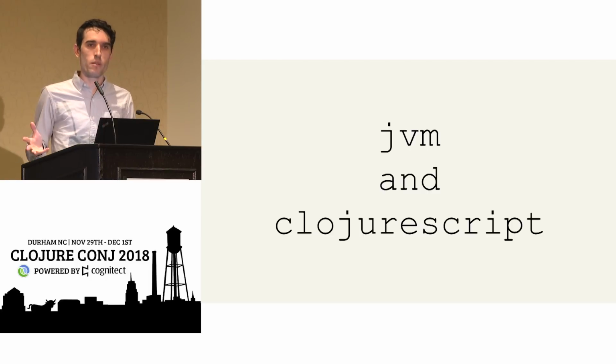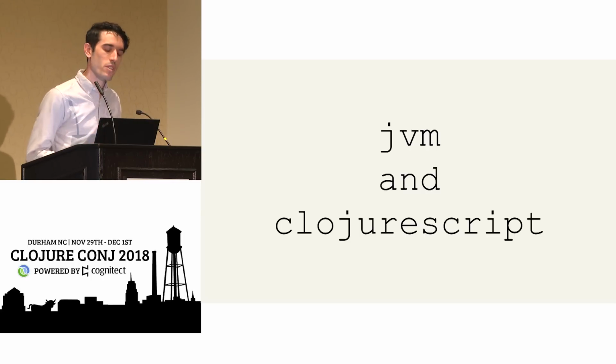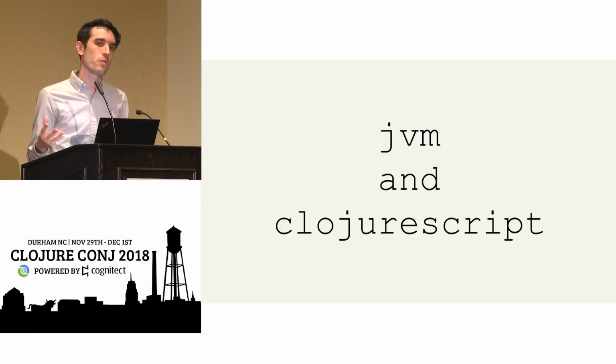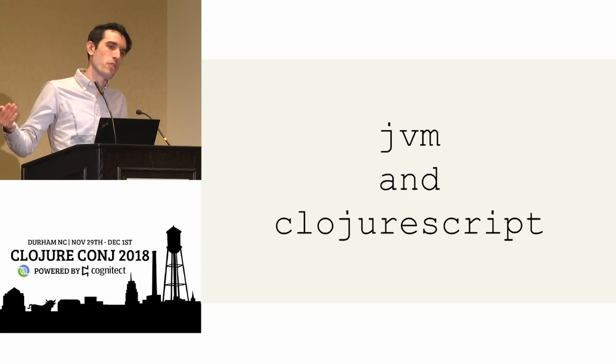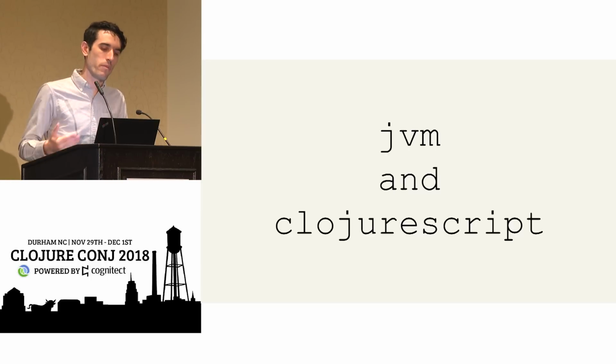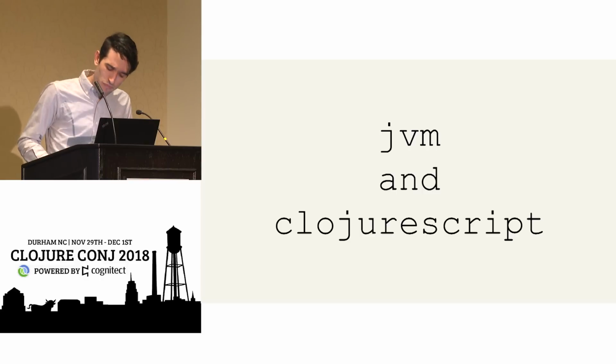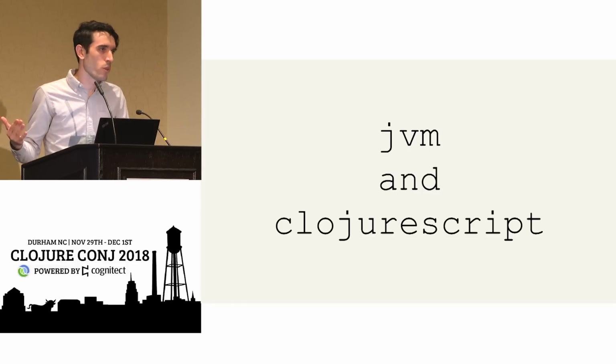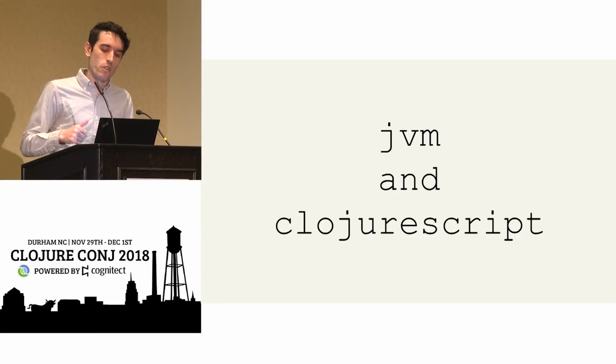Of course, the JVM is relatively performant. It does well with relatively large heap sizes. If you find yourself in a spot where you need to optimize a bunch of array operations, you can drop into Java and do that very easily, although I find that very uncommon. And of course, if you actually want to deploy to the browser, you can do that via ClojureScript.